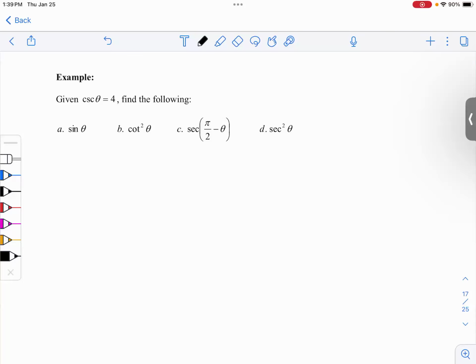How are cosecant and sine related? They're reciprocals. Okay, good news. So sine of theta equals 1 over cosecant of theta. And if I know that cosecant of theta was 4, oh, look, I have sine.